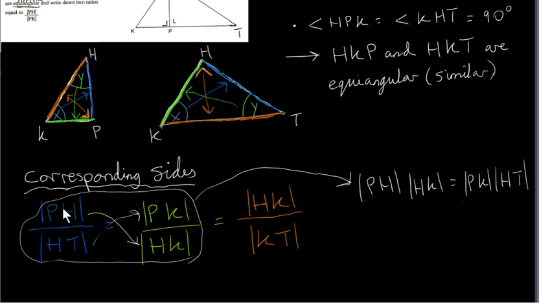We get this here, PH times HK equals PK times HT. Now we're interested in PH over PK, so how do we get that? Well, what we do is we divide both sides of this by PK, because we want to get PK underneath PH, but we also want to get rid of this HK.